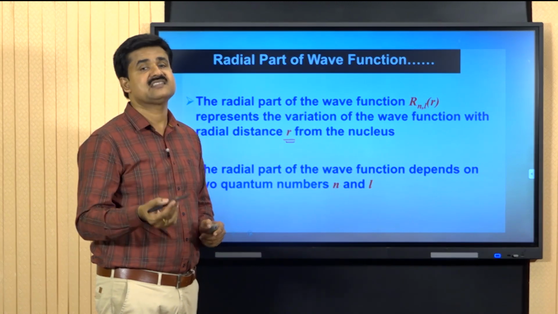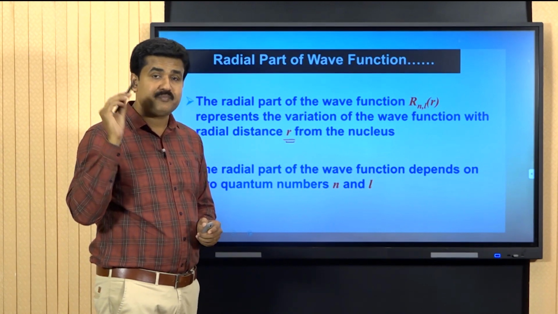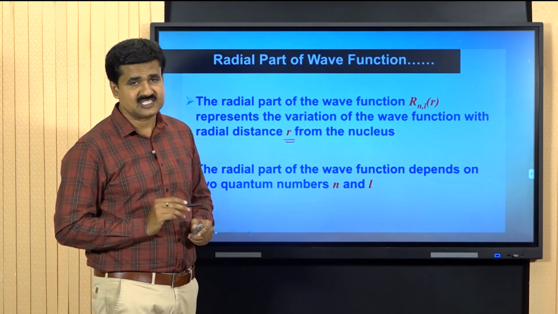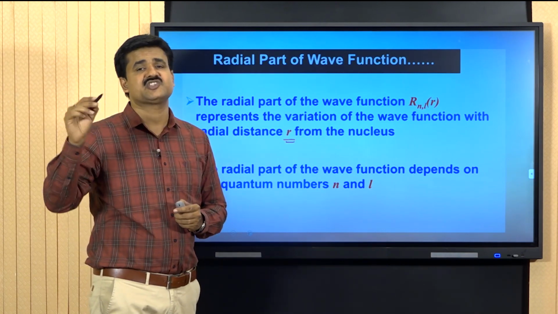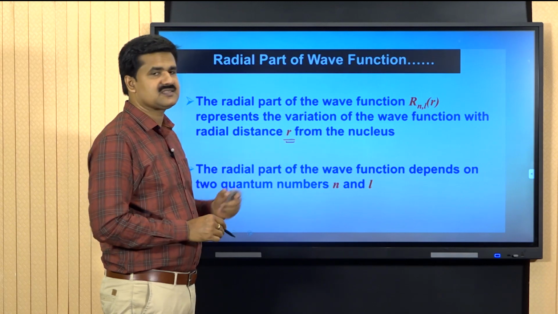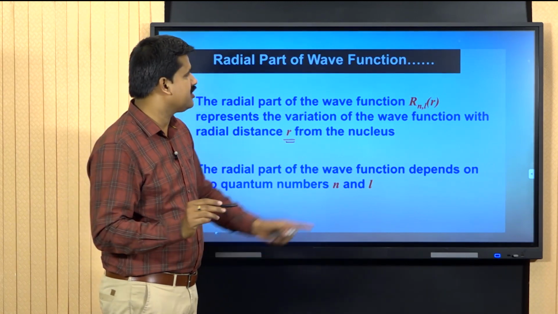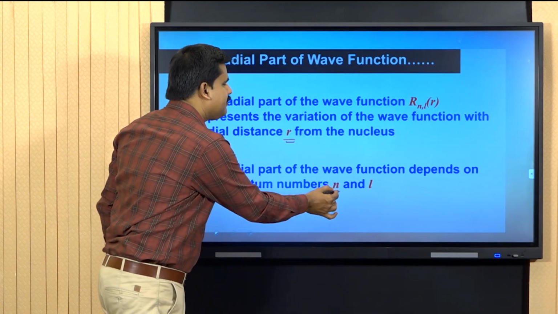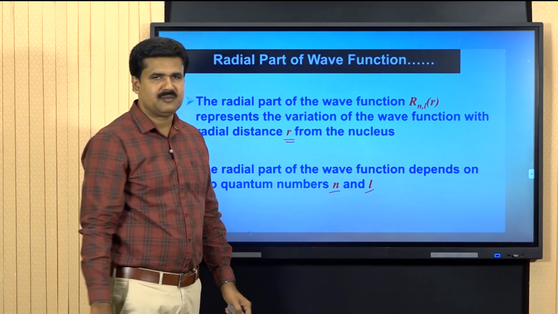We familiarized the variable r, that is the distance from the origin to the point P in the spherical polar coordinate arrangement, and the radial part of the wave function represents the variation of the wave function with small r. The radial part of the wave function depends on 2 quantum numbers, namely the principal quantum number and the azimuthal quantum number.